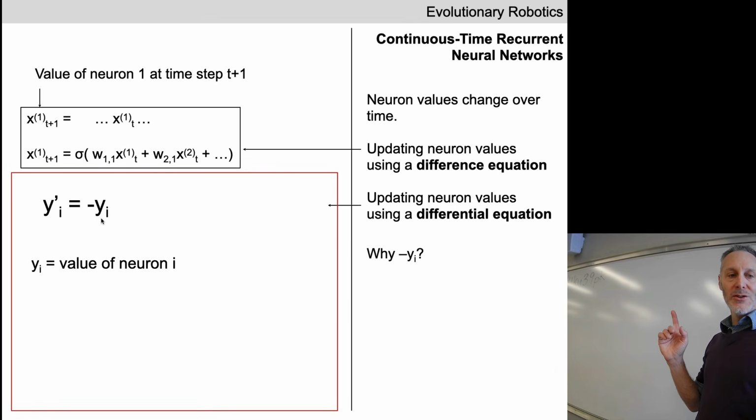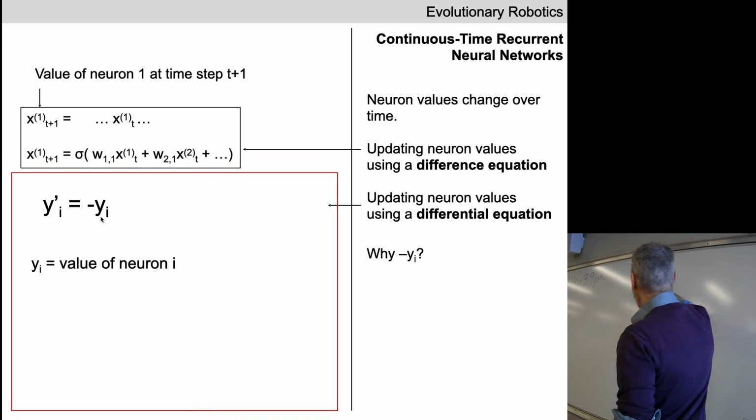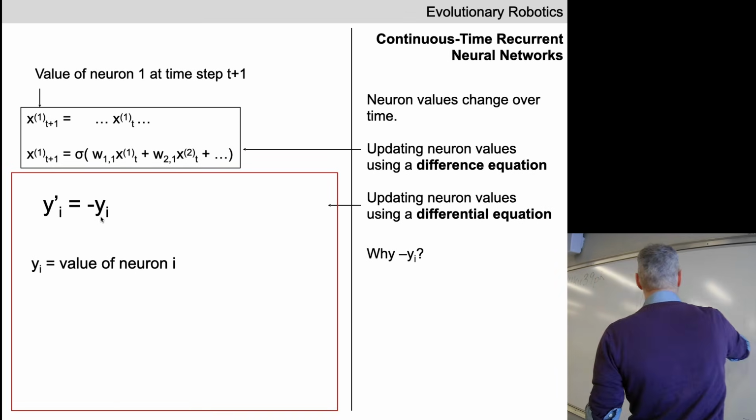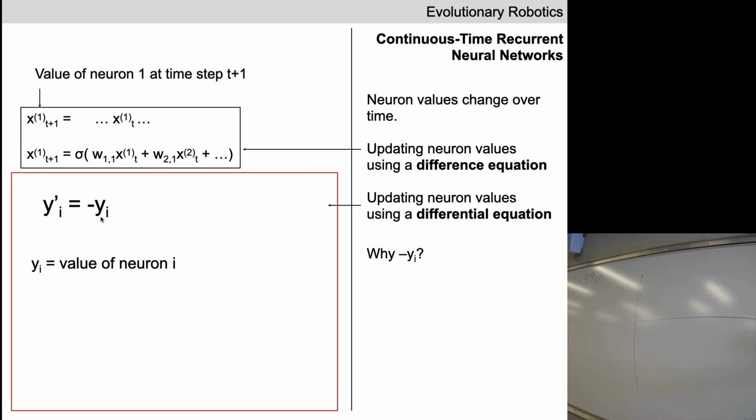Let's look at the very first term. The first term is minus y sub i. So the rate of change of the ith neuron is going to be set equal to its current value times minus 1. Let's draw how this neuron's value changes over time. So we've got t on the horizontal axis here.